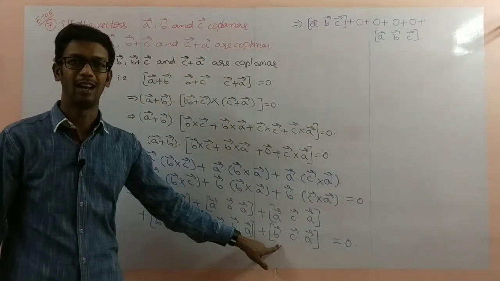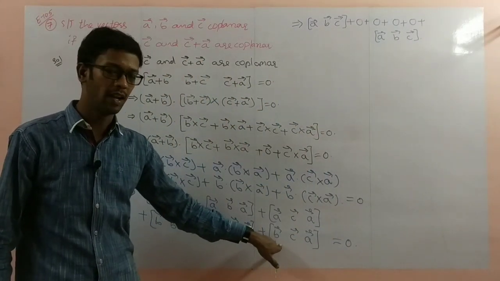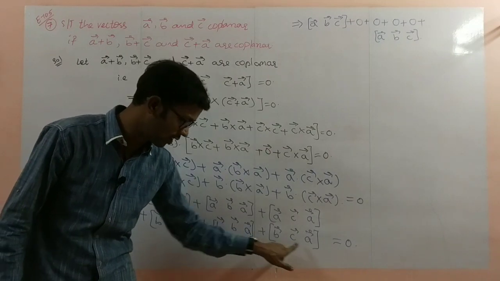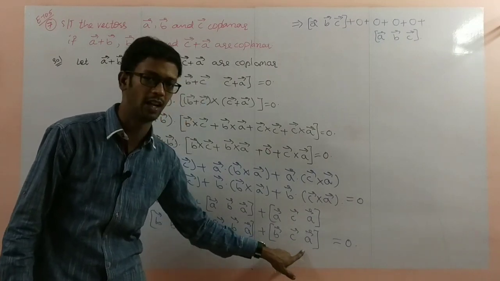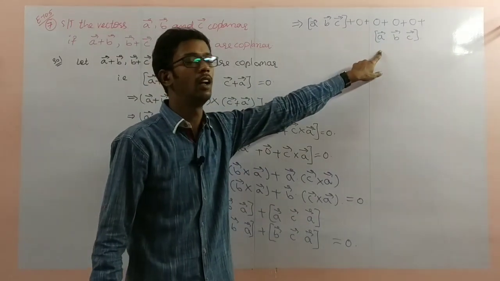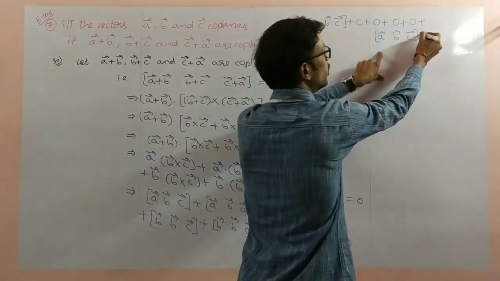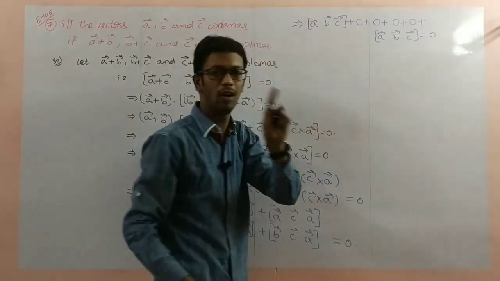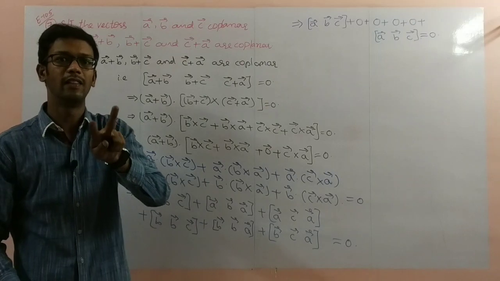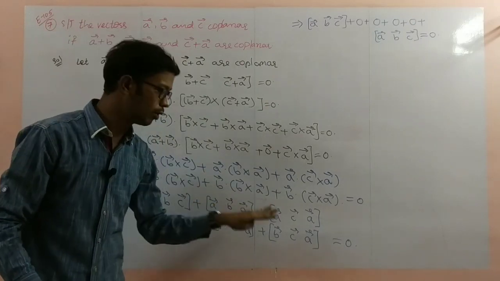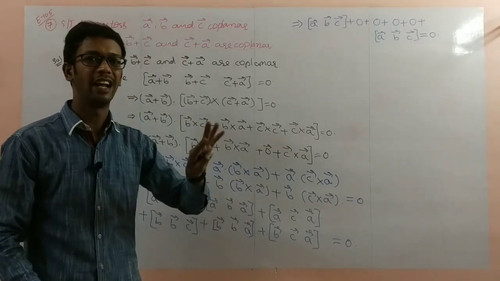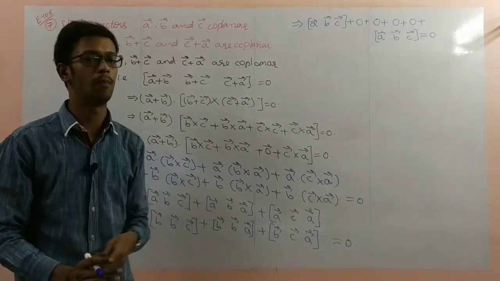In the last box, all places, that means first place, second place, third place vectors, we are interchanging here. So the resultant value should be the same. If you change only 2 positions, then you will get a negative. If you change 3 positions, negative into negative, the total will become positive.